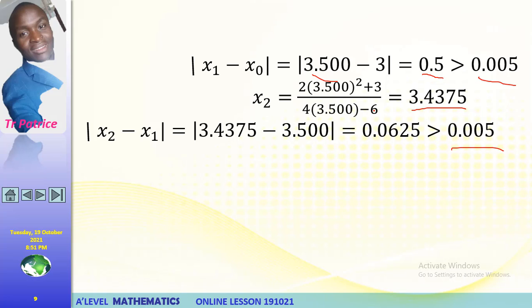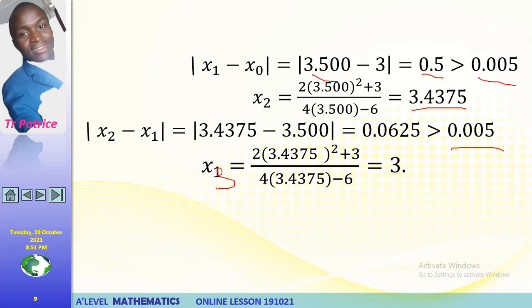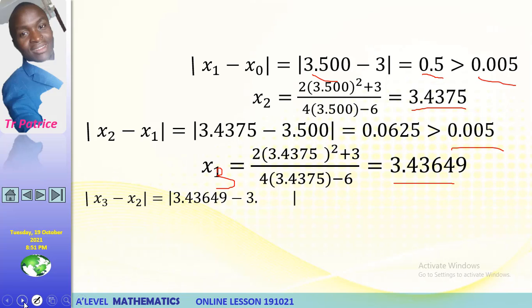Then from that point, that means x2 is not the root. I go ahead and use x2 to find x3. If I substitute x2 there, I get 3.43649. I also check the absolute error there. It is 0.00101, and this one is less than our tolerance level.